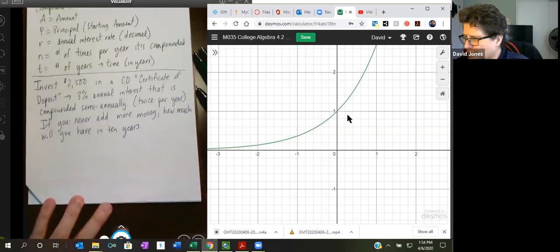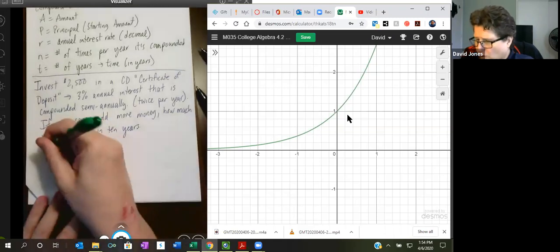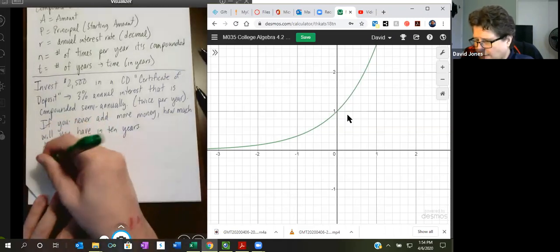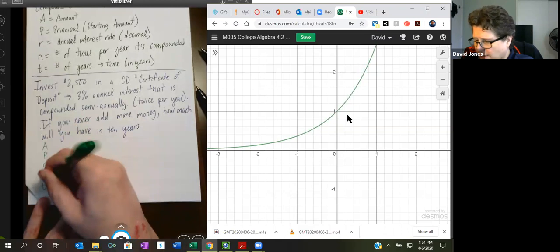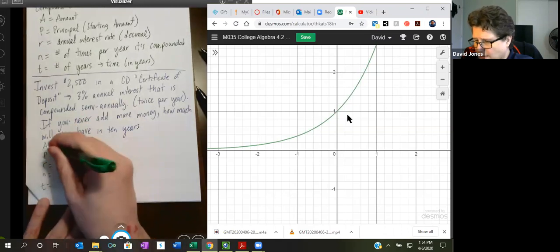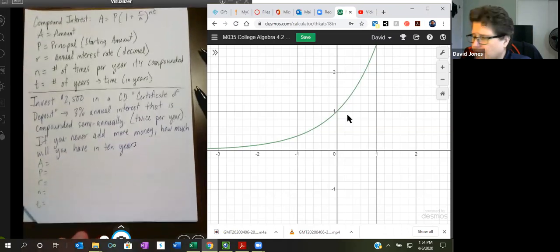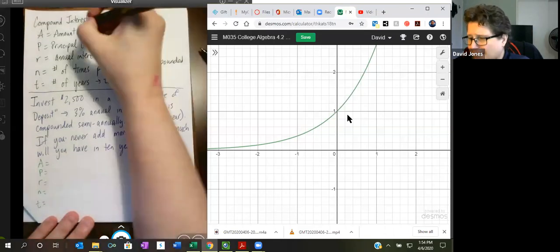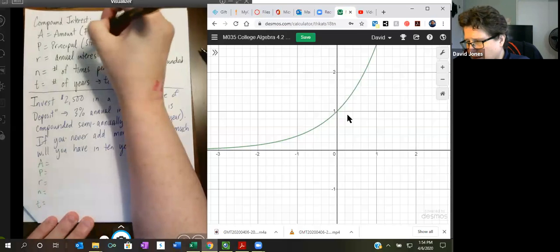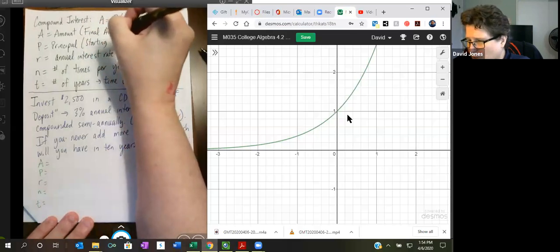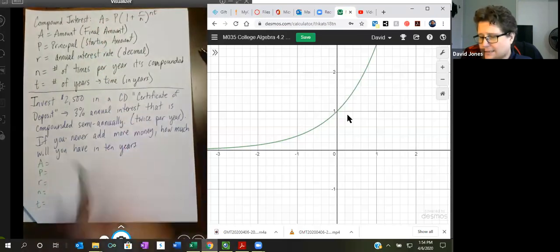So a good strategy for these things is to write down the letters and figure out what they are. A is the amount, but it's the final amount. That's the thing we don't know right now, correct?